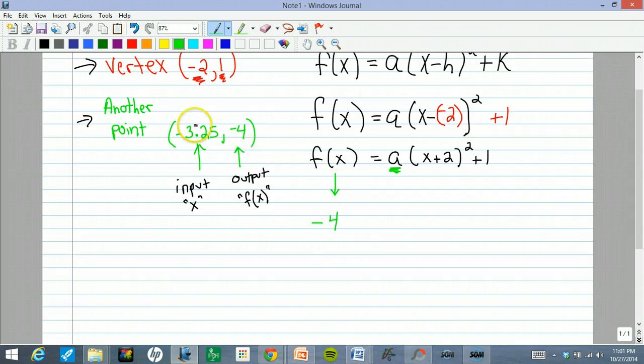So this entire piece, the output, is negative 4 when we input negative 3.25. So input negative 3.25. There we go. And now it's just a matter of solving for a carefully, following the order of operations.